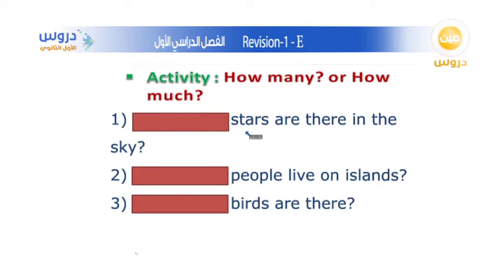All right. Are you sure, Miss Dahlia, that you have to use how much here in the first question? What about many? Think about it. Let me just go back a little bit. Look here.